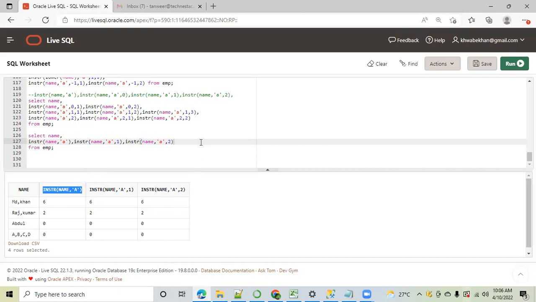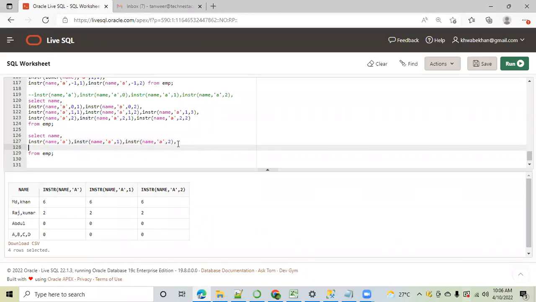Is this clear? Yeah. Everyone, this is fine, right? All the batches' students get confused with this, so don't worry, this is not a new thing happening here.